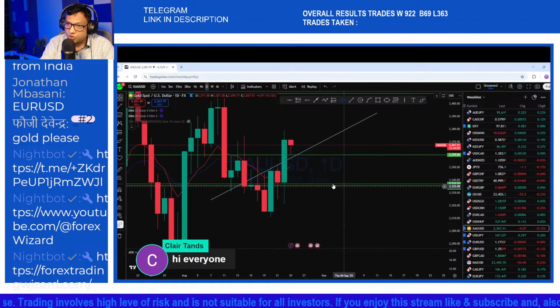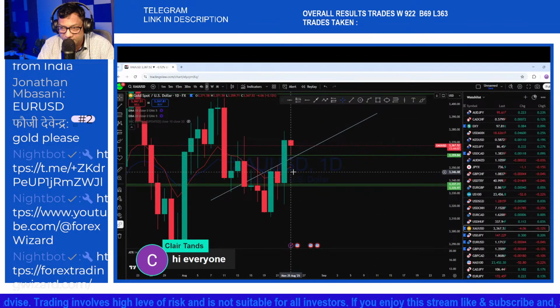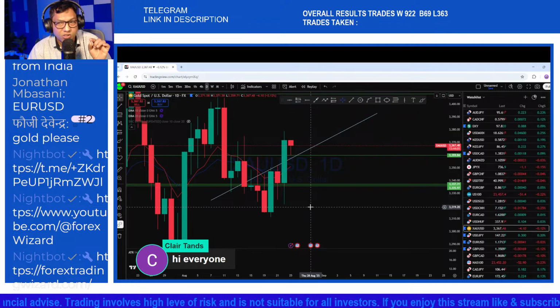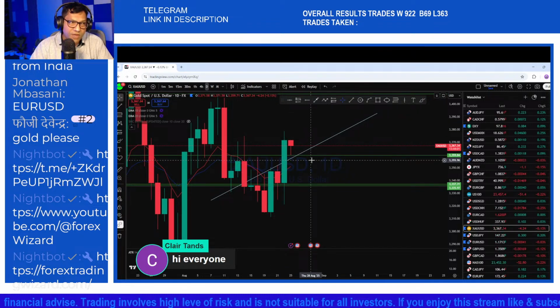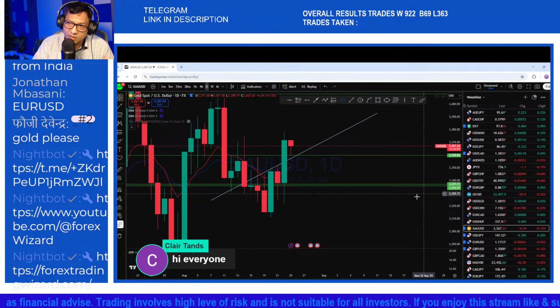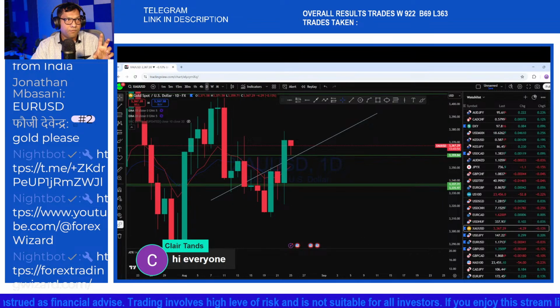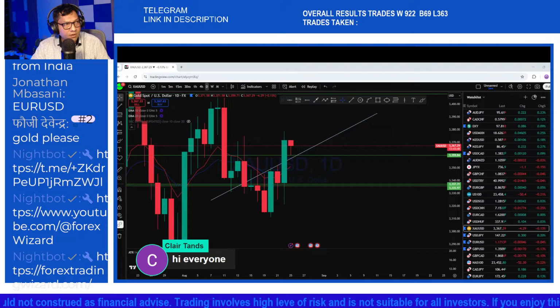The market crossed the 10 and 20 MA. If you look at here, this is a crossover candle. The crossover candle is very important because this candle has confirmed that the fast EMA goes above the slower EMA. Okay, that's a pretty important move.